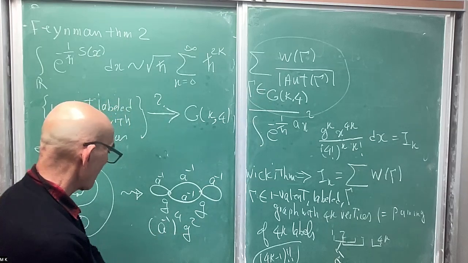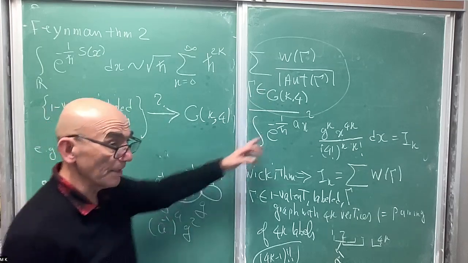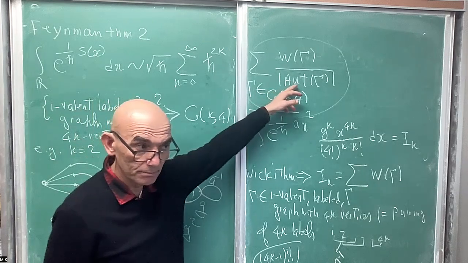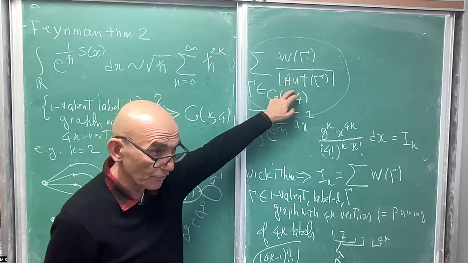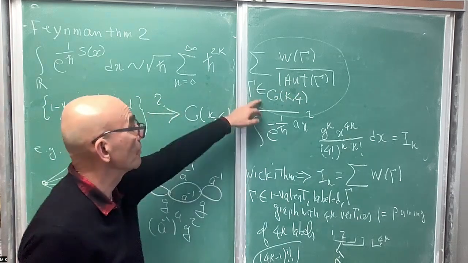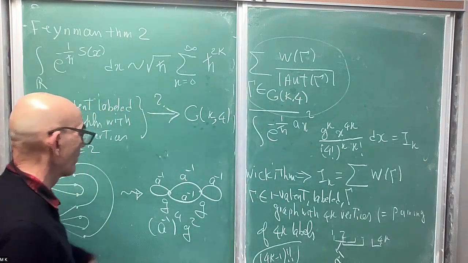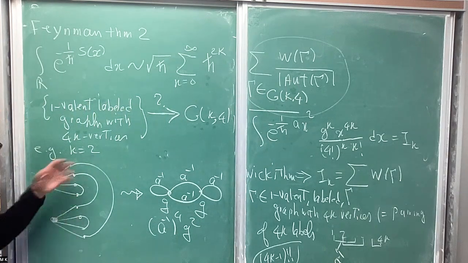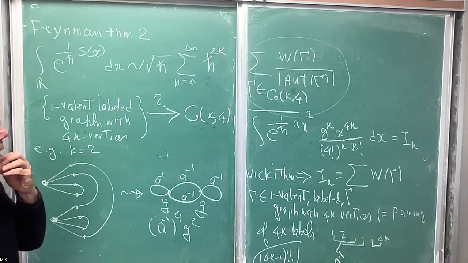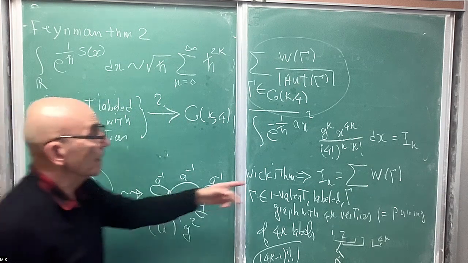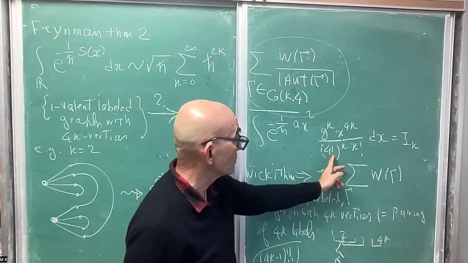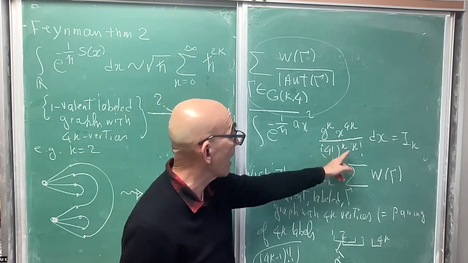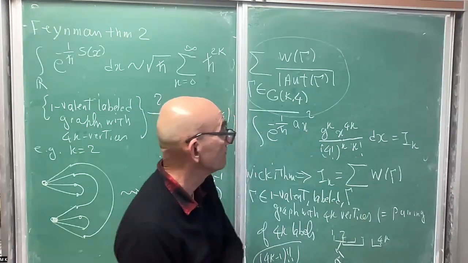But then there is this strange division by the automorphism, the order of the automorphism group of this graph, while here we don't have that. But mind you that we have to divide this contribution by something else, which is this number, 4 factorial to the power k times k factorial.